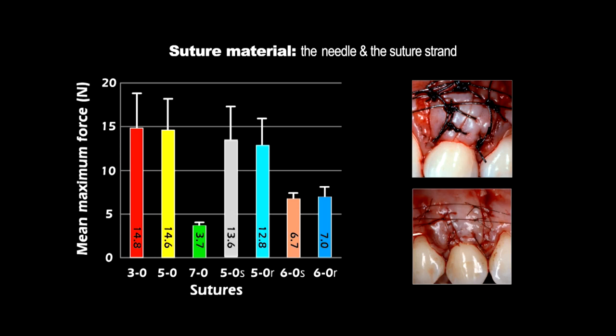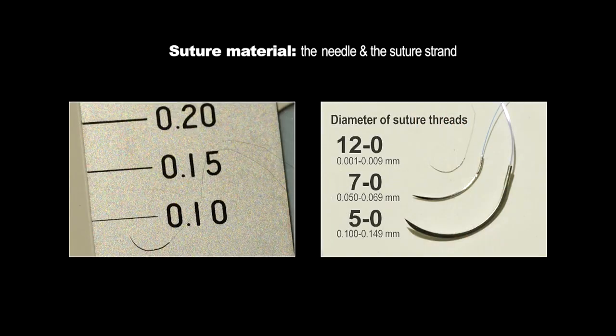So this could be a control of the tension that is brought to the wound margin and at the end to the blood clot underneath. Based on these experiments, I recommend in periodontal and peri-implant surgery to choose suture diameters in a range of 6/0, 7/0 and maybe 8/0.